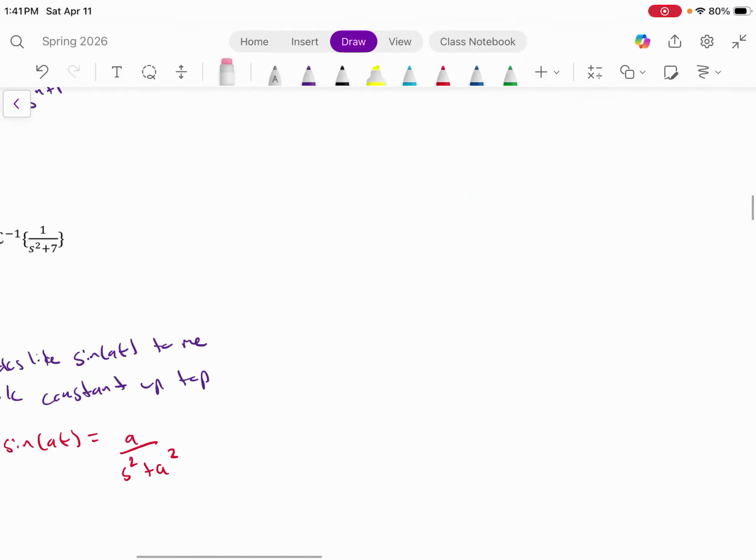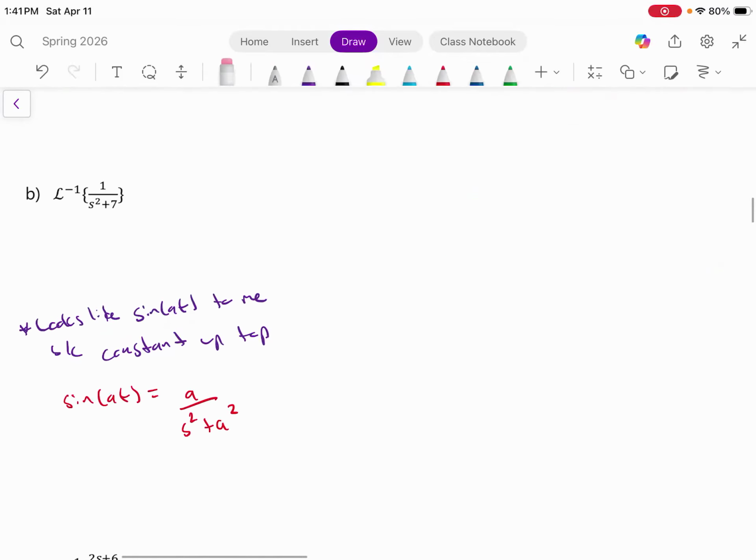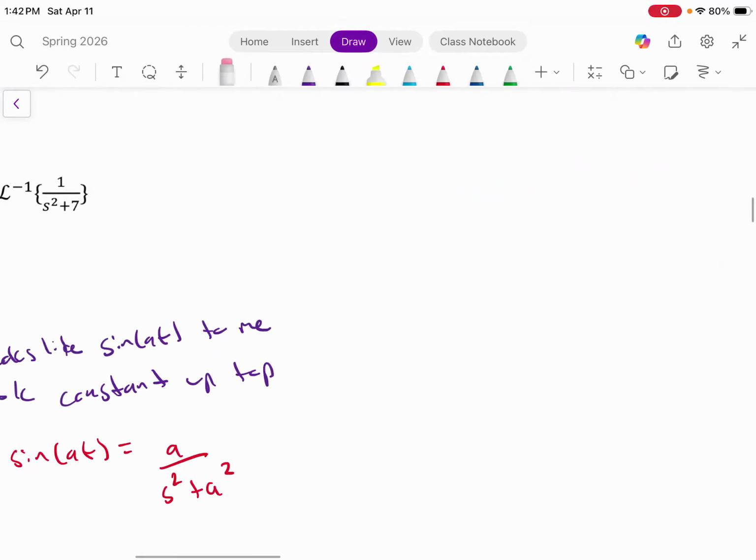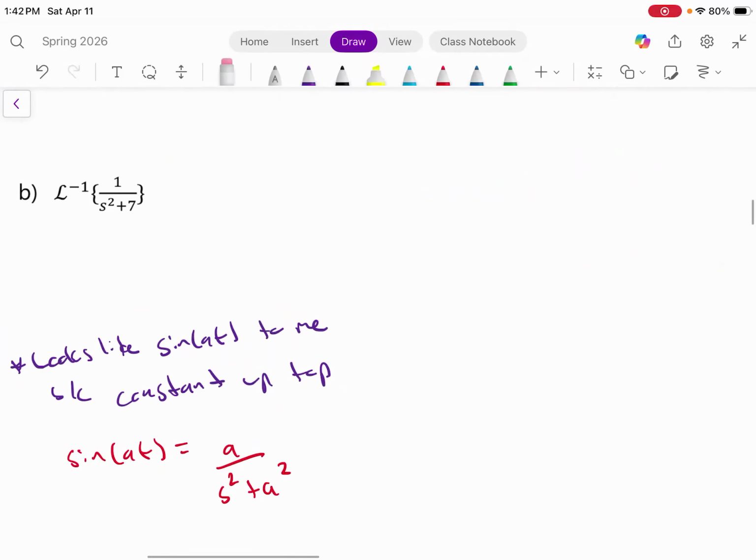Let's go ahead and try the inverse Laplace of this. We need to manipulate it like we did before. So what can I identify here? We have an a up top and an a squared on the bottom. In s squared plus 7, the 7 is supposed to be a squared.